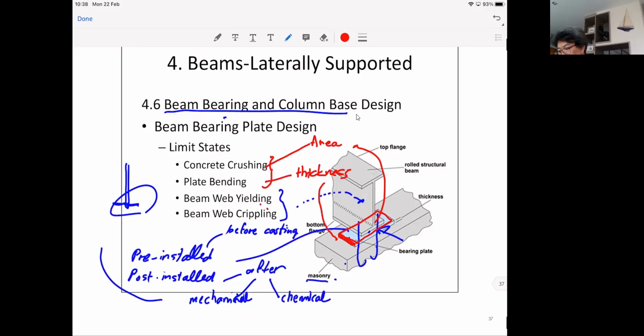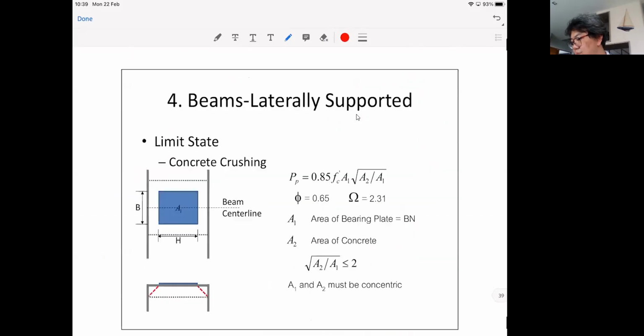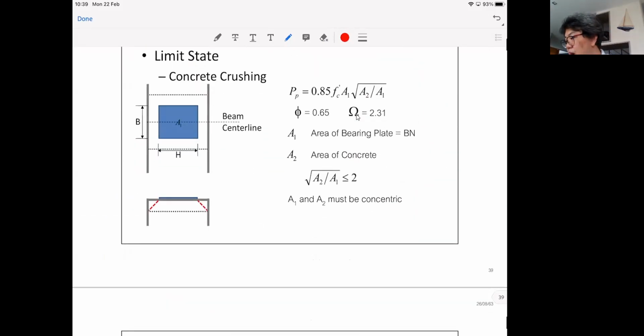Now let's go to concrete crushing. It doesn't matter what the picture is. Say you have a plate sitting on top of the concrete. We already mentioned that if your load or bearing pressure is here, your concrete will not fail at the surface.